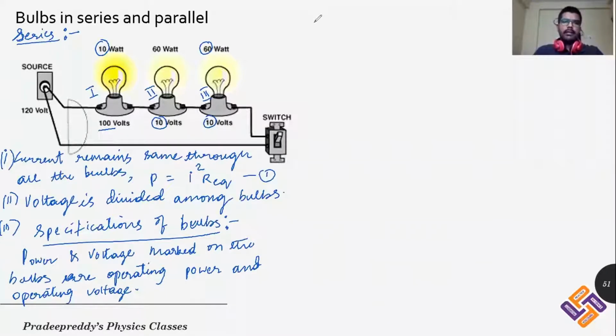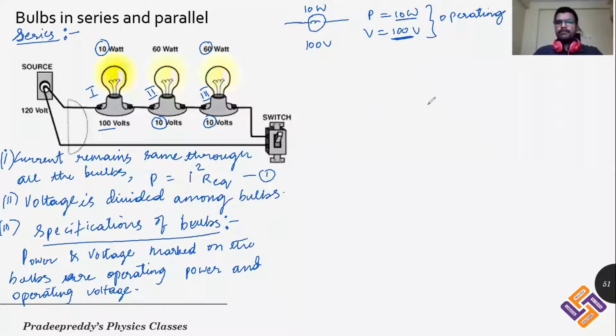See, this is a bulb, it has 100 volt and it is 10 watt power consumed. P is equal to 10 watt and V is equal to 100 volt. These are operating specifications. That means when you are supplying a voltage of 100 volt to this bulb, it is consuming 10 watt.